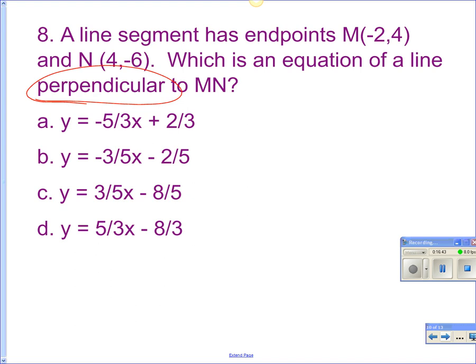Ethan H., what am I going to flip and change? What am I going to have to do? Y what? Say it correctly. Thank you. Y minus y over x minus x. Andrew, what's going in for y minus y?